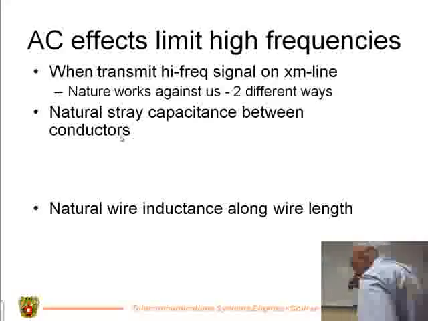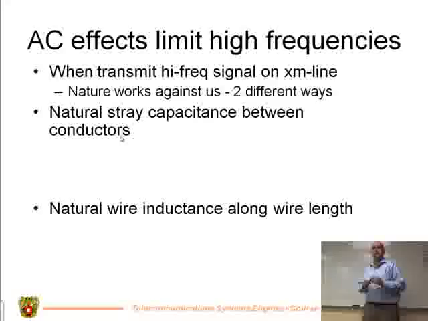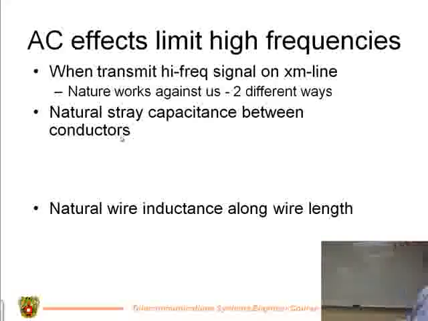Okay, number one, now we've got capacitance in parallel with the load. And the impedance of that capacitance is 1 over j omega C, right? Which means as omega gets bigger, that gets smaller, and since it's in parallel with the load, we start losing power to the load because it's going through the capacitor, right?